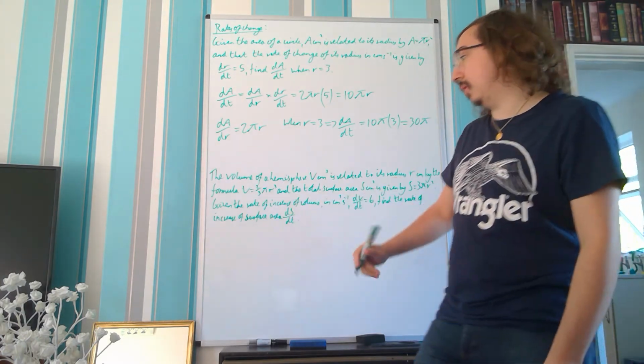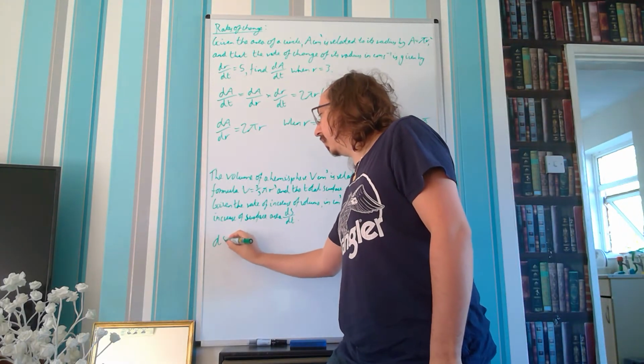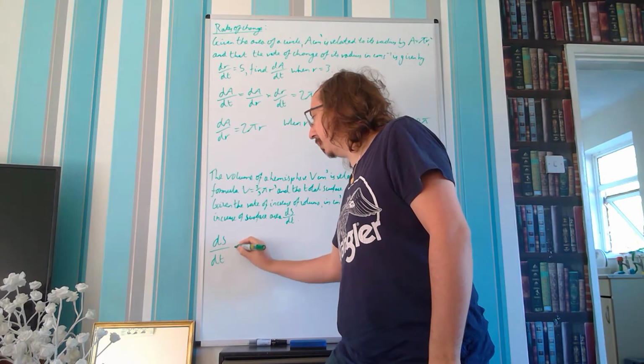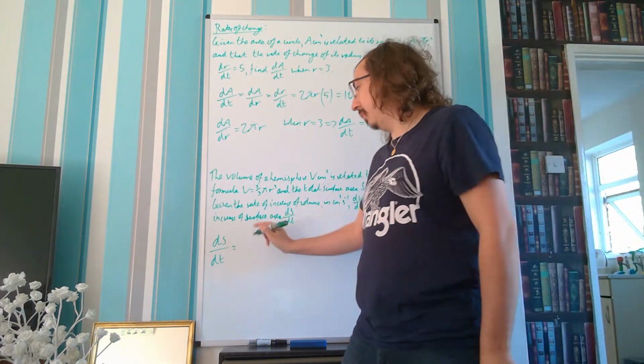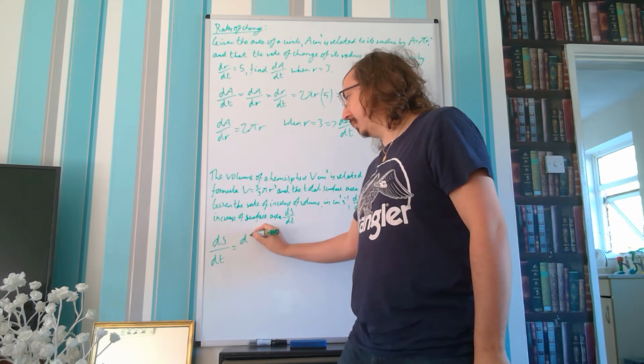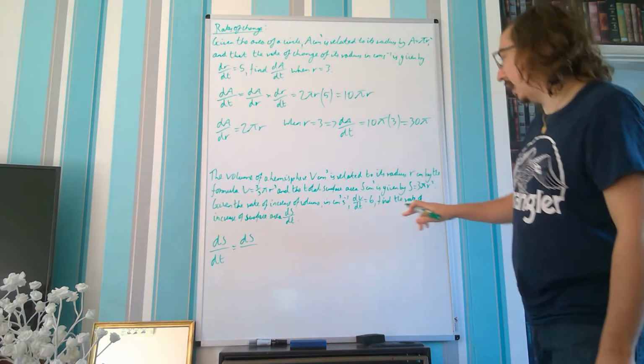So let's start off with dS by dt, because that's what we want to find. So in the numerator, we want a dS, so let's put that first. Let's look at our S expression.